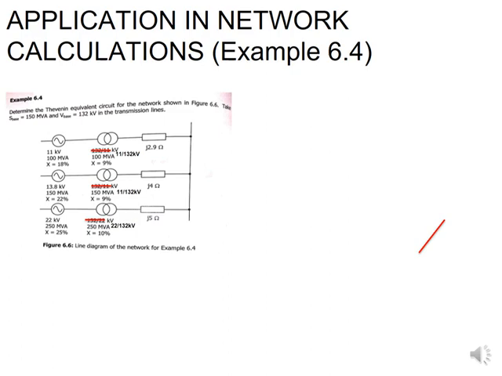I just want you to note what I've crossed out in the red lines. They mixed up my voltages on the LV and HV side. So I've corrected it by crossing out what they've written, and I've written it the other way around right next to it. Transformer 1 is 11 kV to 132, transformer 2 is 11 to 132, and transformer 3 is 22 to 132.